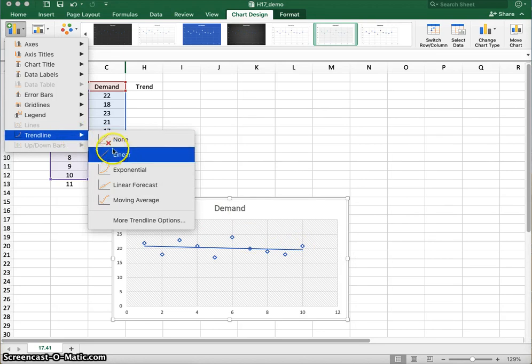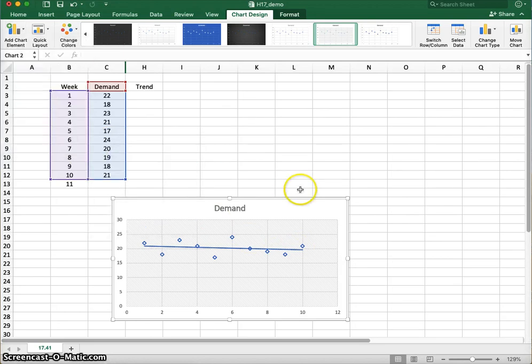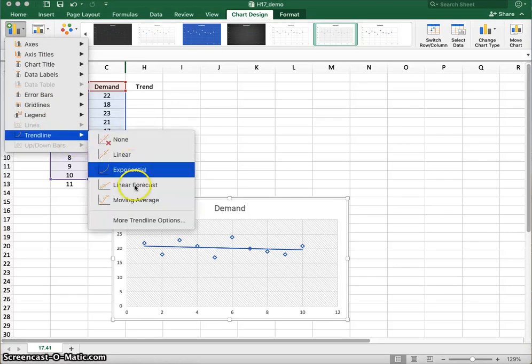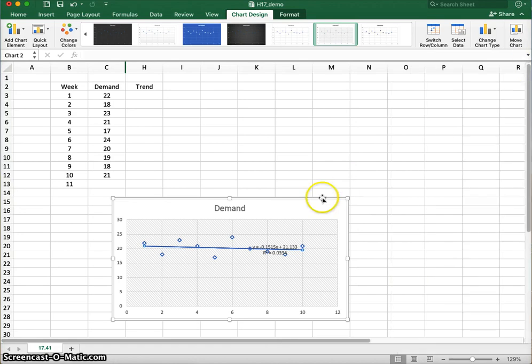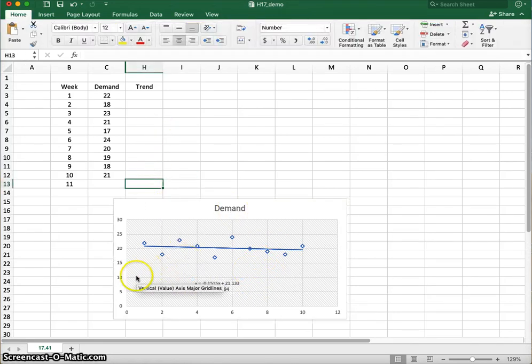But just to show you how to do this, I want to go to trend line, more trend line options. And then I just want to display the equation on chart. And I can display R squared on chart too, wouldn't matter. And then close this. So here's my formula. To do trend for period 11, I could just use my formula.